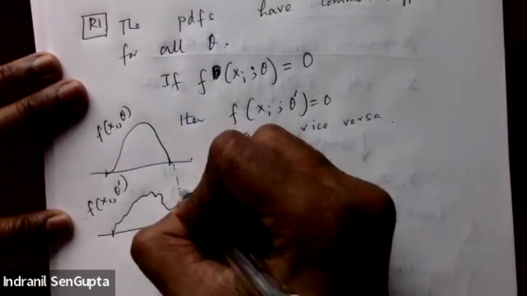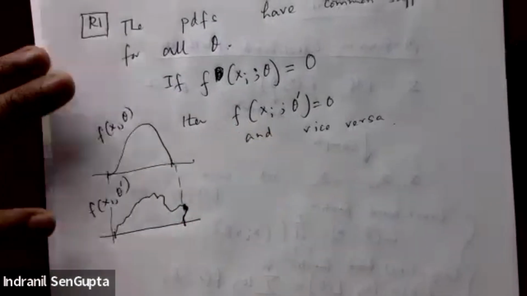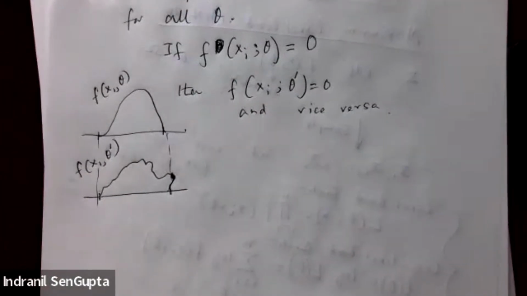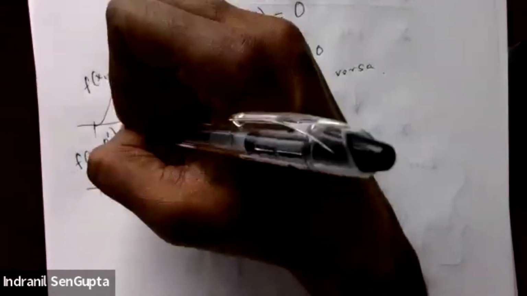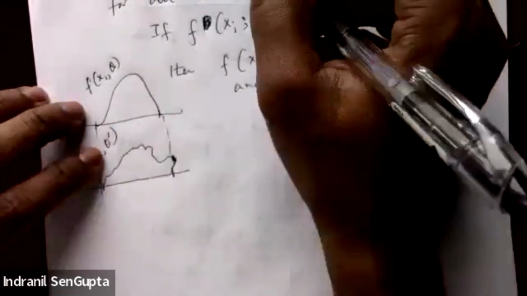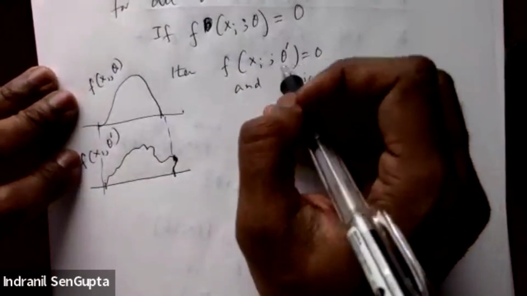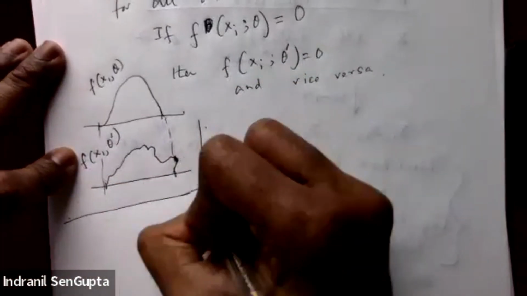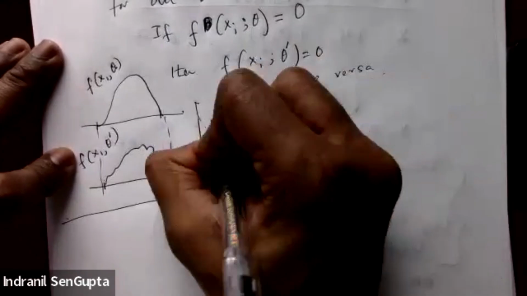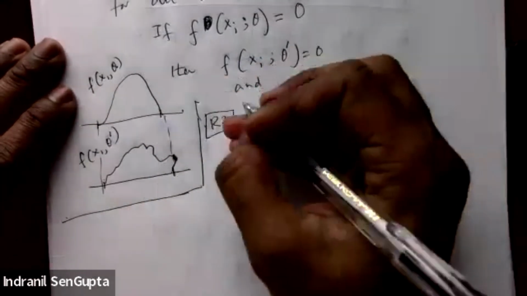I'm just randomly drawing a picture. You see that their support is the same. We are assuming this for every parameter value theta, so the support does not depend on the parameter value. It's sort of restrictive, and later on we'll do some examples where we don't follow this, but let's temporarily keep it, because for the next result we'll need it. Not for R2, but I'll write this later.